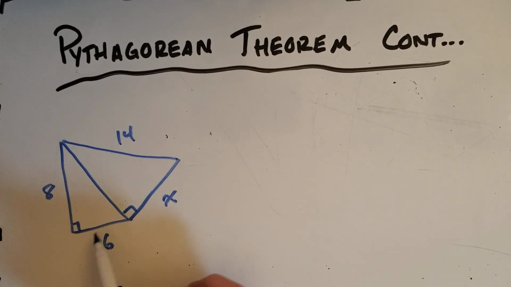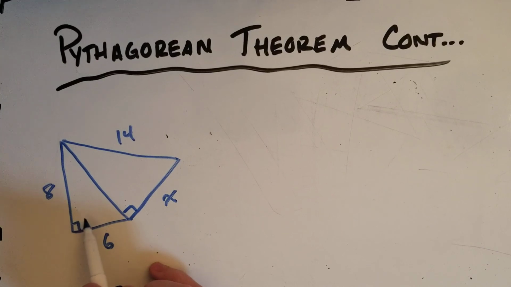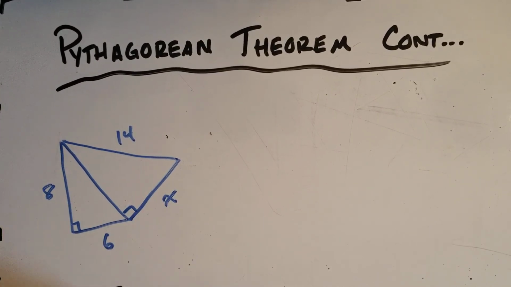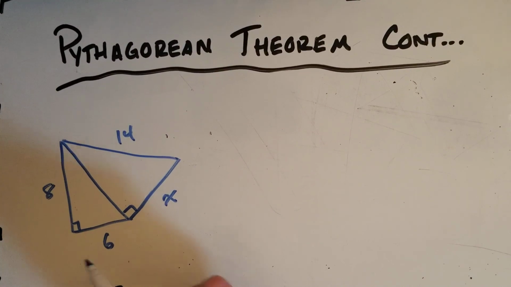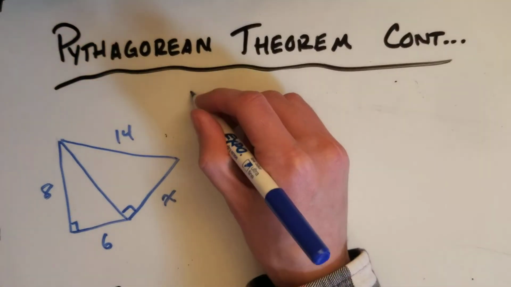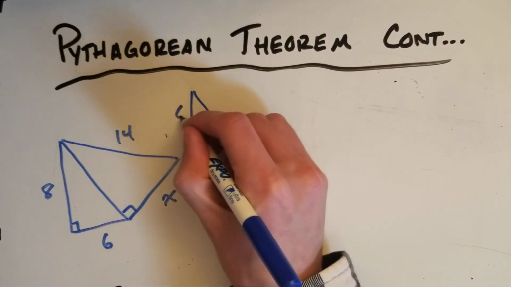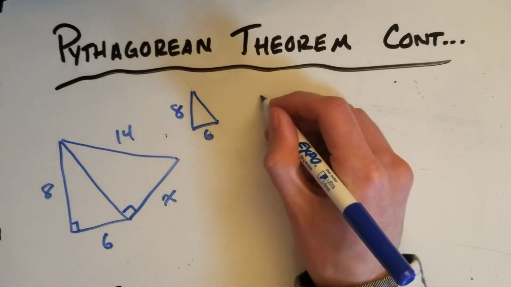In this triangle to the left, we're given both legs, but we don't know the hypotenuse. So the hypotenuse of this smaller triangle here is actually the leg of the other triangle. So we need to find the hypotenuse of this one, which then will be used as a leg in the other triangle. So let's focus on, I'll redraw it a little smaller, this triangle right here, the 8 and 6.